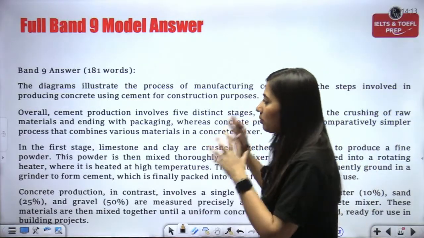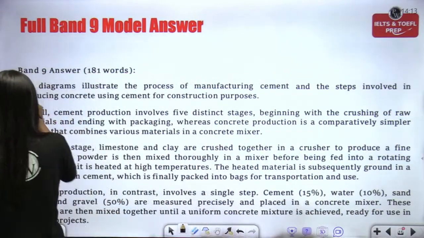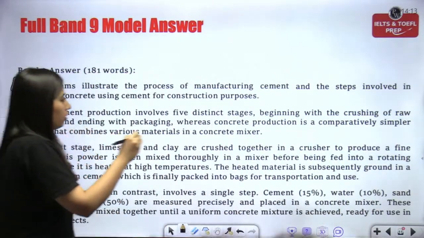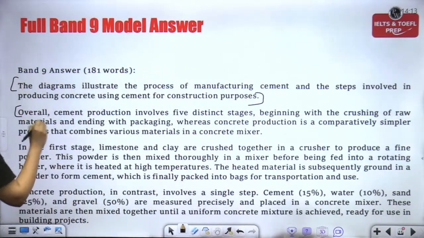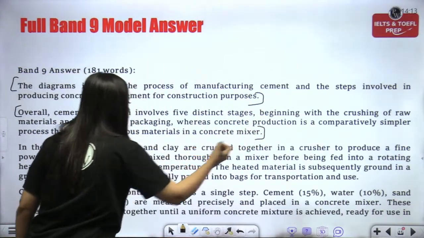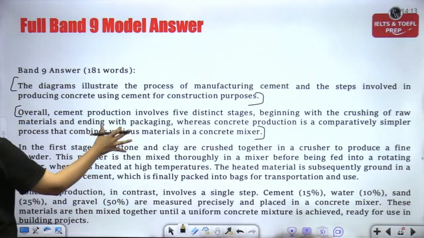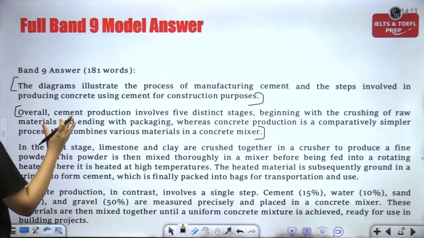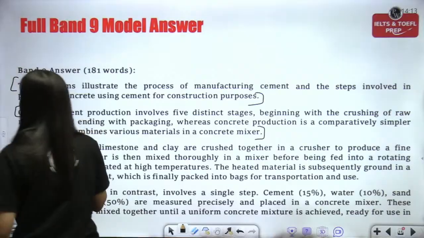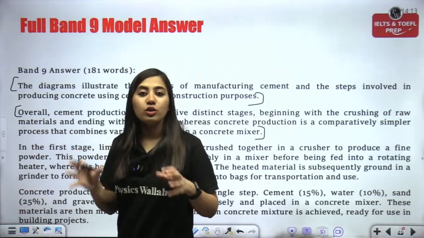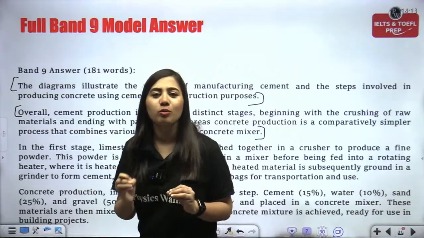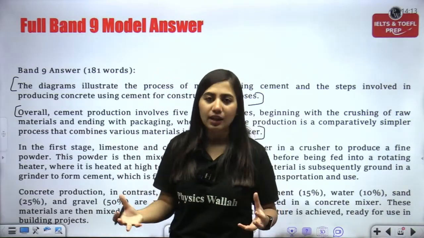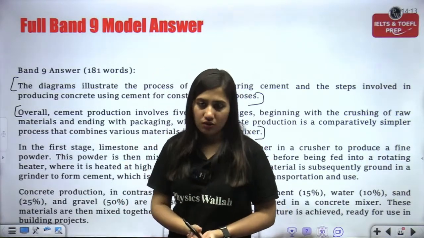The very first para you see is the intro para. From here to here is the intro para. Now the second one is the overview paragraph, in which you just give an overview of whatever is happening. In the very first para we are doing nothing new but just paraphrasing. We are not doing anything new here. We are just changing some of the words and putting the same things which are there in the question.